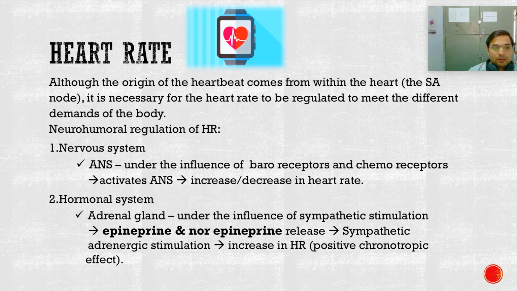The autonomic nervous system is stimulated by the baroreceptors and chemoreceptors present in the carotid artery and the aortic arch. Stimulation of these receptors leads to activation of the autonomic nervous system, which via the sympathetic or parasympathetic nervous system increases or decreases the heart rate.